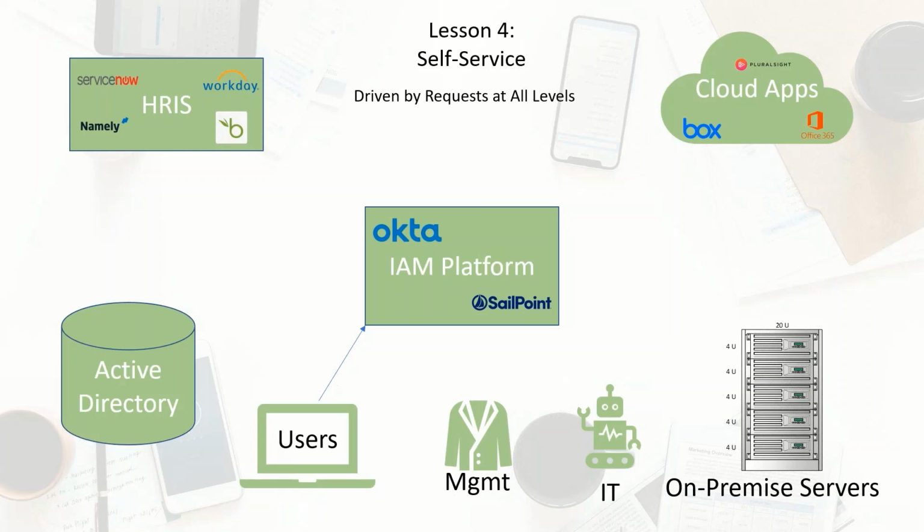Where we head from there, usually we're sending off a request to that person's manager, or someone else, a supervisor. Maybe in some cases, we're sending this off to the owner of the application that they're asking access for. So someone in the organization is going to review that access, ensure that it looks correct, and then send back an approval or a denial to our identity platform. That then continues the workflow from there.